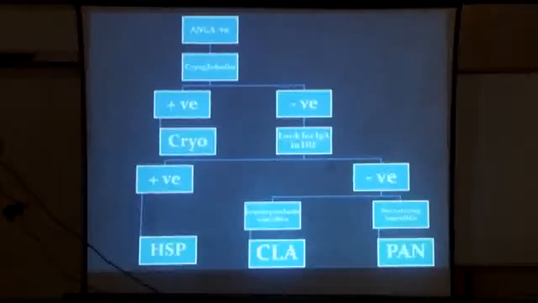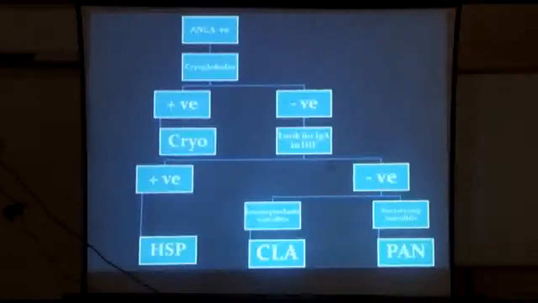Now, when you find ANCA negative, search for cryoglobulins. It's very, very easy to do cryoglobulins. All you have to do is take the serum of the patient, dip it into ice water, and if it precipitates, then cryoglobulins are positive. Look for cryoglobulins. If cryoglobulins are positive, you are dealing with a case of cryoglobulinemia. If they are negative, immediately start looking for IgA in a direct immunofluorescence.